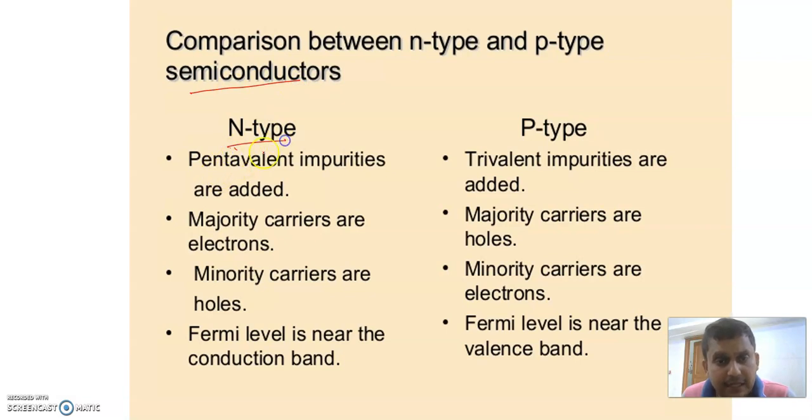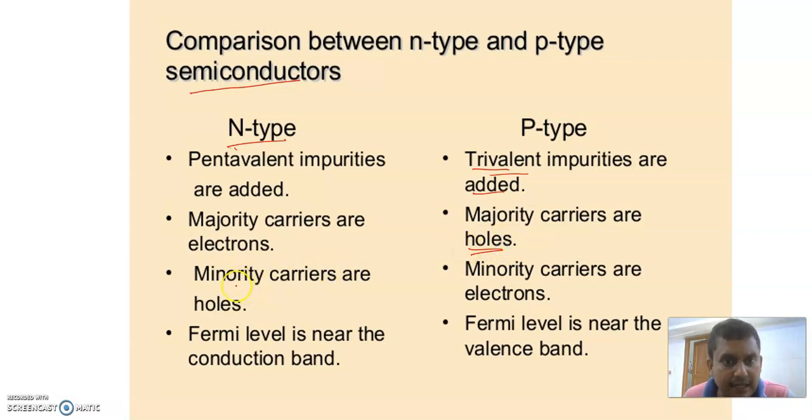If we add pentavalent impurity, it becomes an n-type semiconductor. If we add trivalent impurity to the intrinsic semiconductor, it becomes a p-type semiconductor. In n-type, the majority charge carriers are electrons, and in p-type, the majority charge carriers are holes.